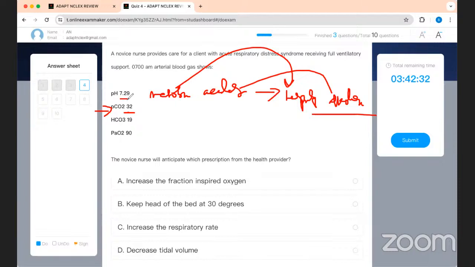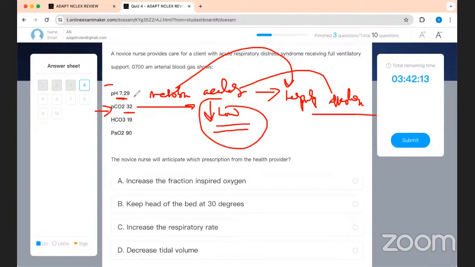But my pH is not normal. Therefore, this is not completely compensated. It's an uncompensated problem. I need my CO2 really low, more. In order for the pH to be normal, the CO2 needs to come down more.